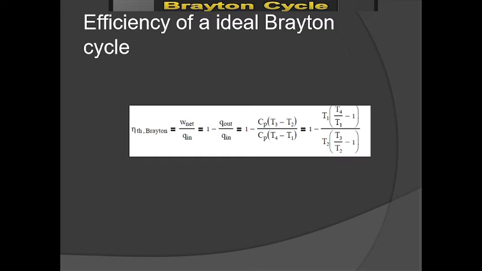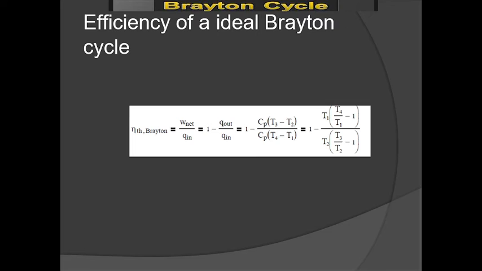So the cycle efficiency for the Brayton is the net work, or the total work produced by the cycle, divided by the heat added, or 1 minus the heat rejected divided by the heat added, or 1 minus the Cp delta T of the temperature difference between point 3 and point 2, divided by Cp times the temperature difference of point 4 and point 1.